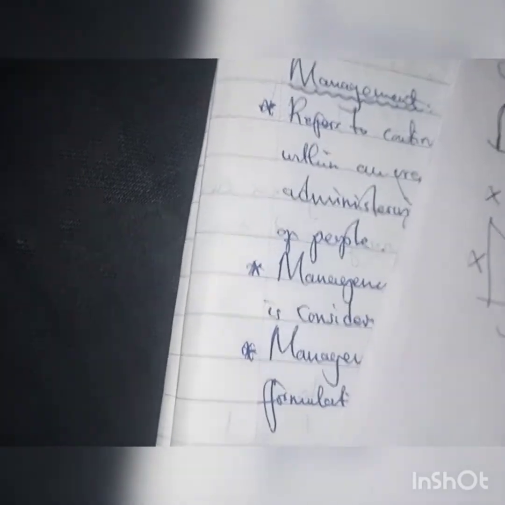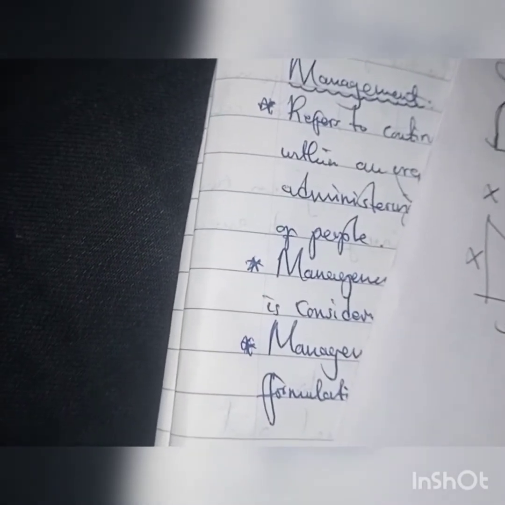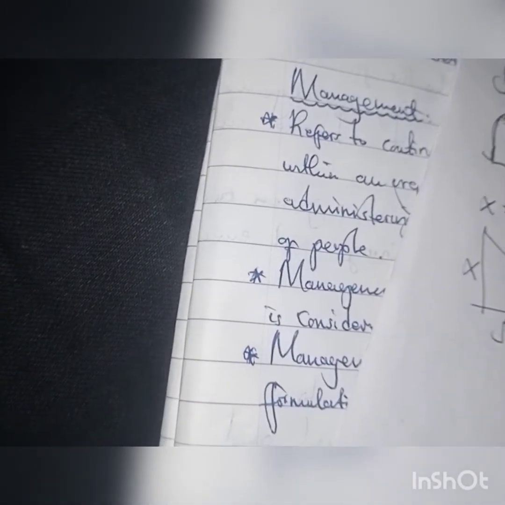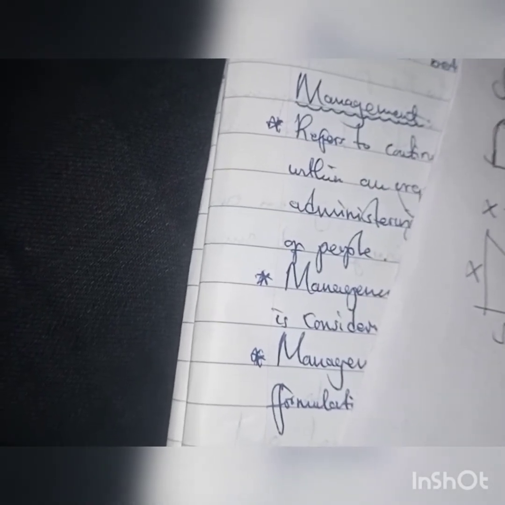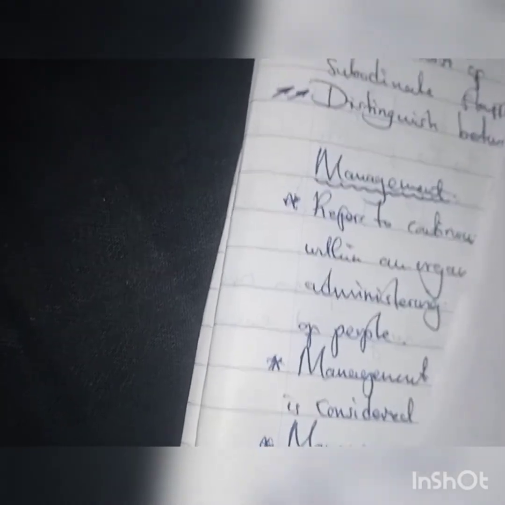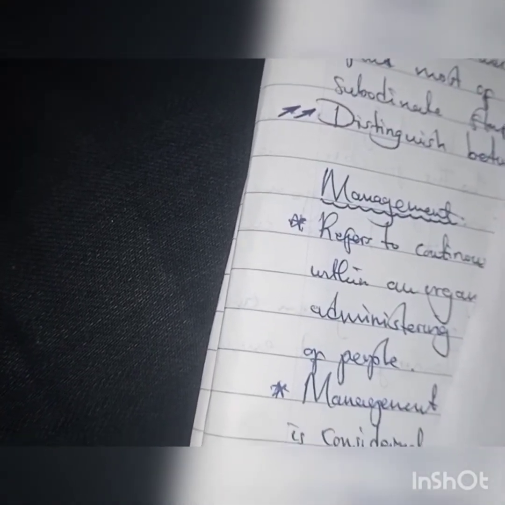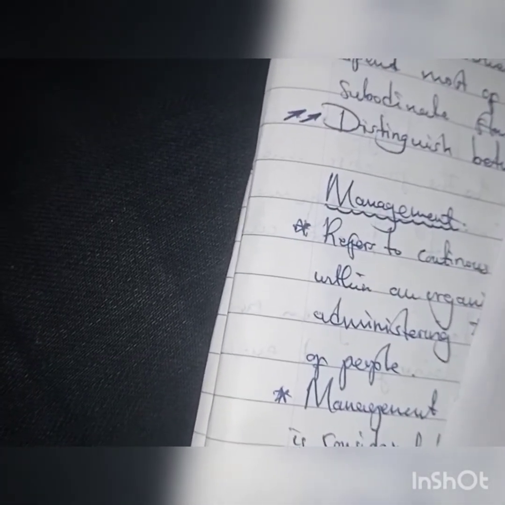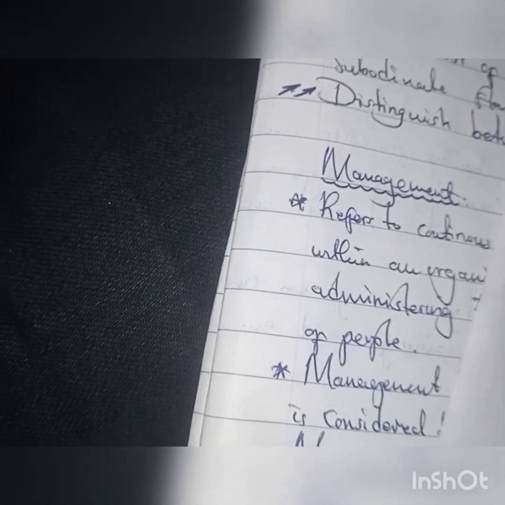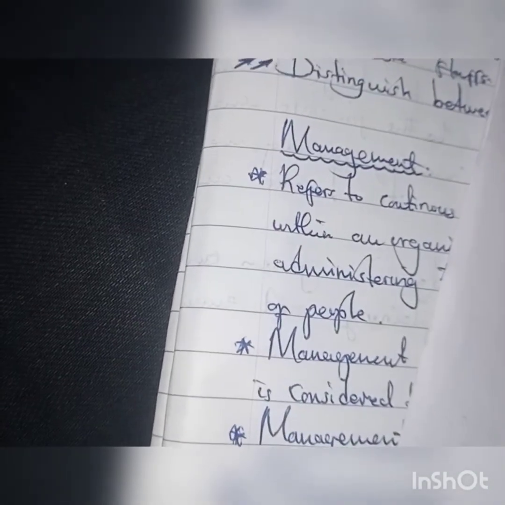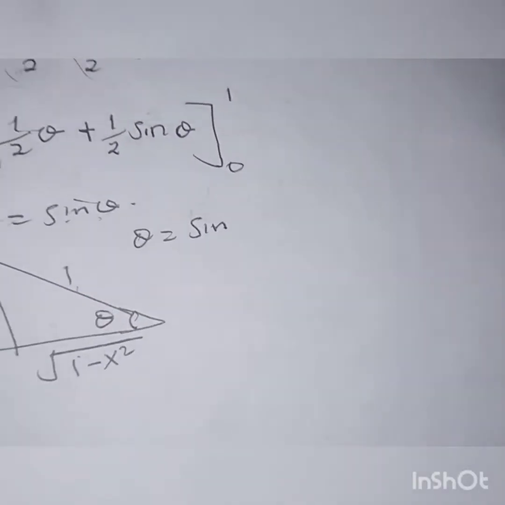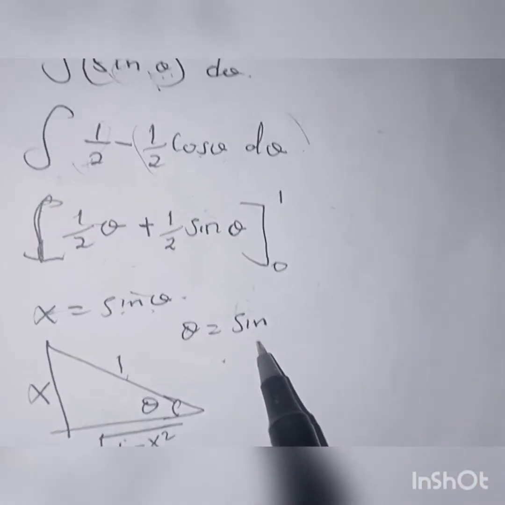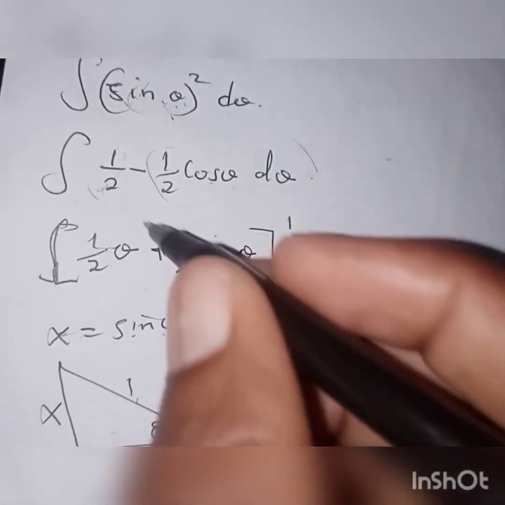Therefore my adjacent will be the square root of hypotenuse squared minus this side squared. Getting theta is possible. It's just the sine inverse. So our theta is just the sine inverse of x.